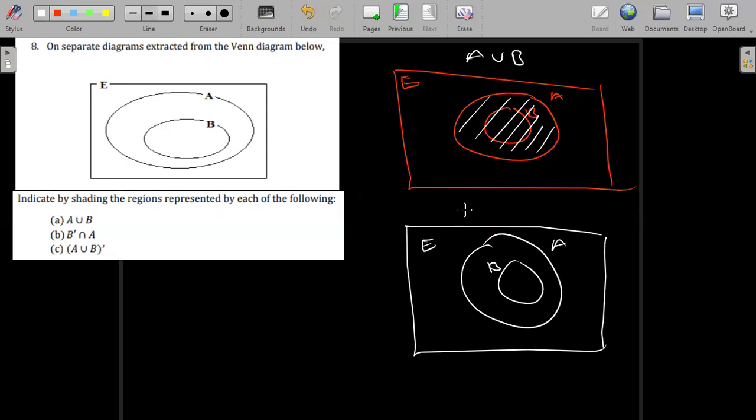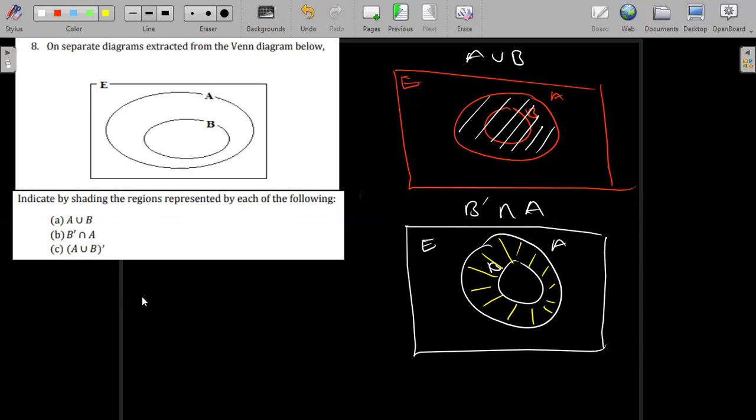And they're telling me I must shade B complement intersect A. So I must not shade the set B at all, but I must intersect with the set A. So I'm not going to shade B, but only what is in A outside B. Like that. That's going to be my B complement intersect A.